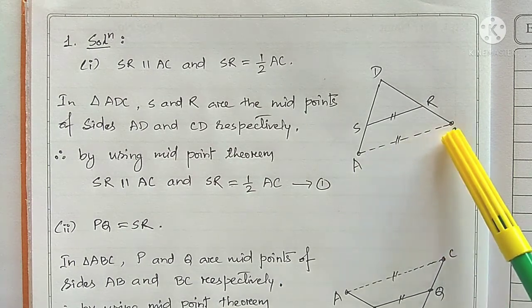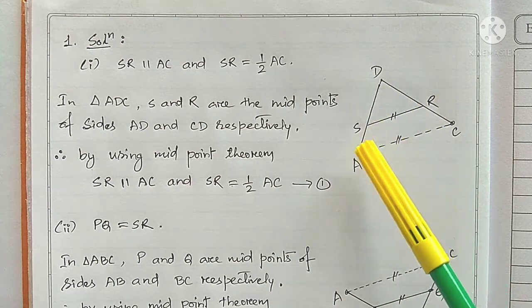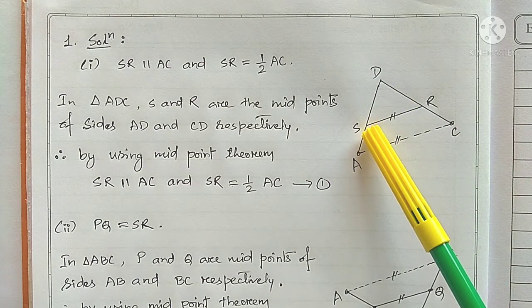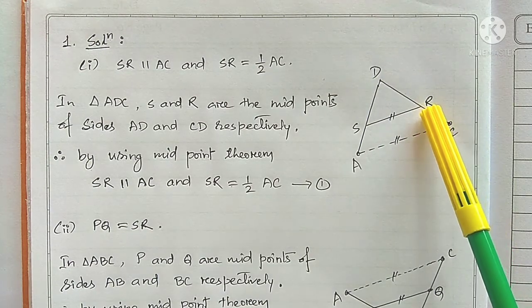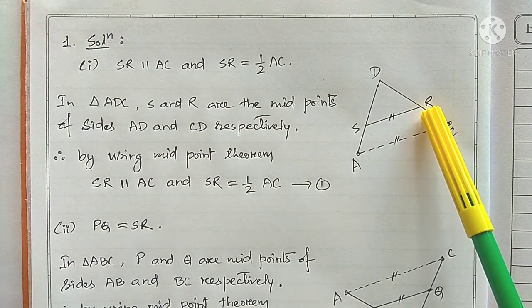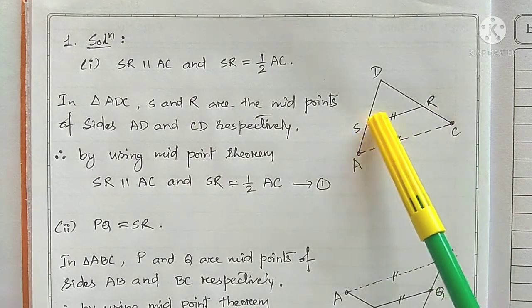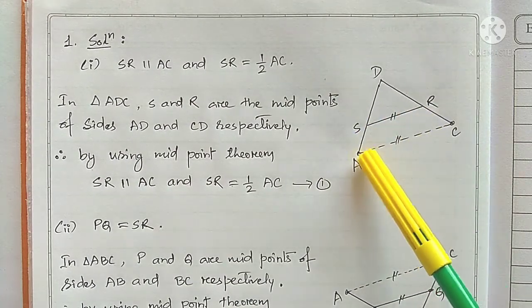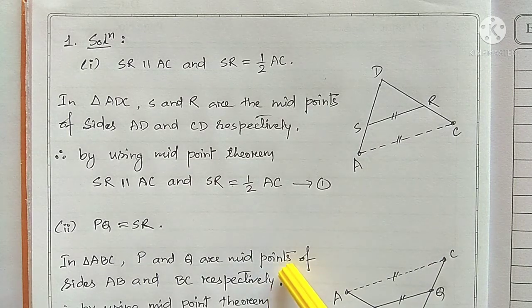Third side means this AC. One side is AD, the midpoint of AD is S, and another is CD, the midpoint of CD is R, and if we join these two midpoints, we get SR, and this SR is parallel to the third side AC. This is our proof.